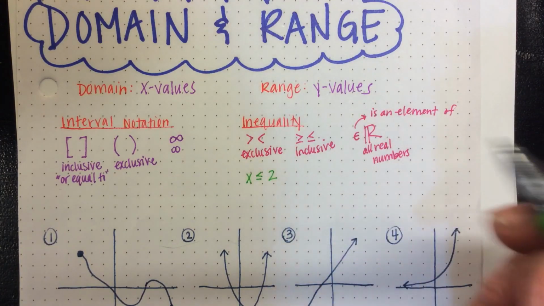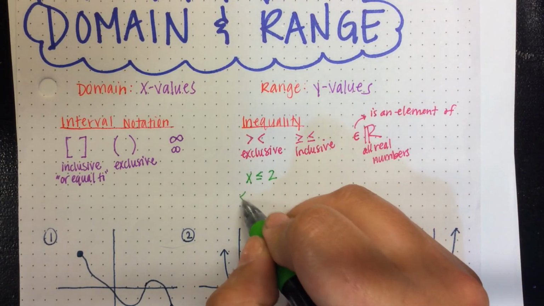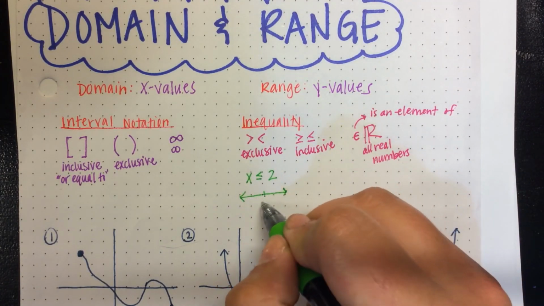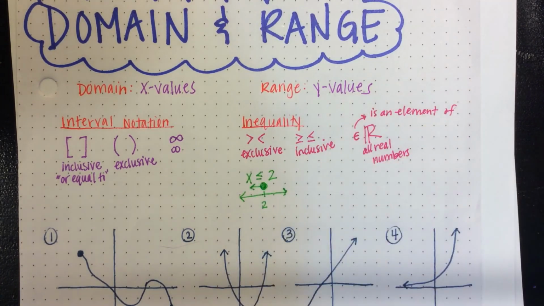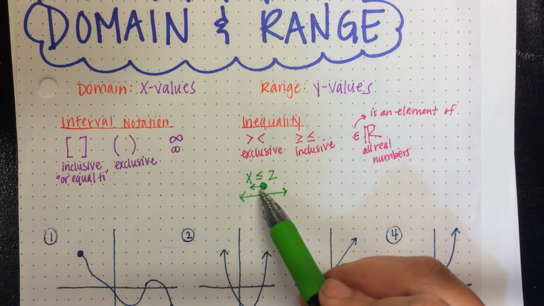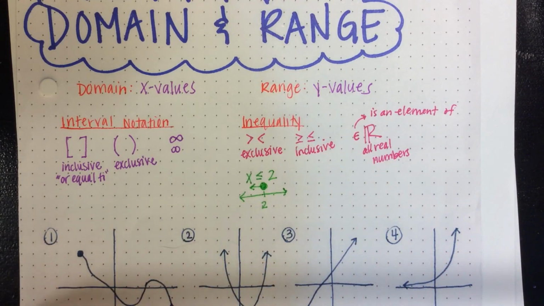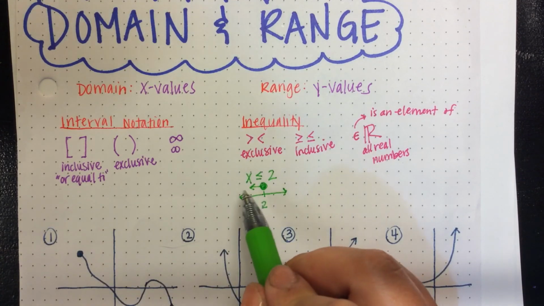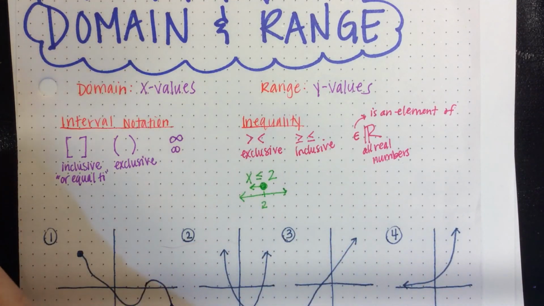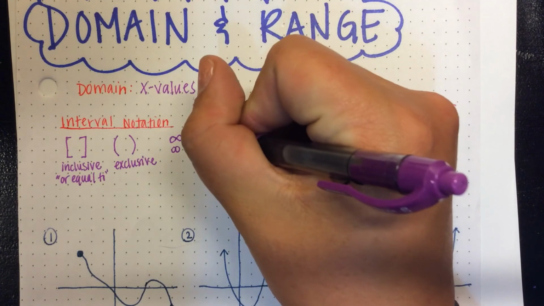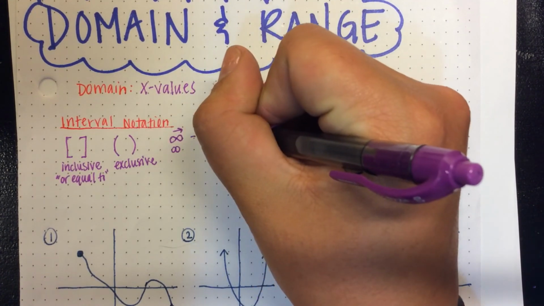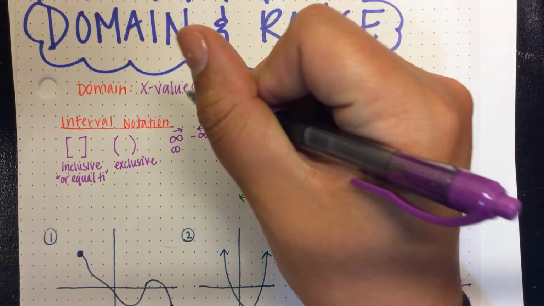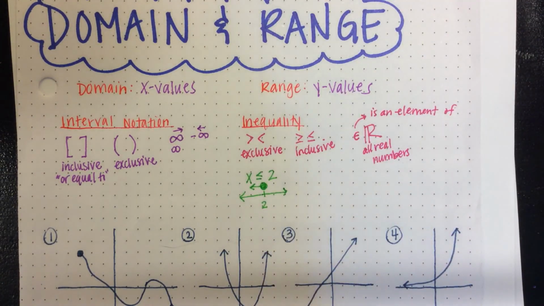If I think about my number line, I would go to 2, use a closed circle, and then arrow to the left. That arrow never stops going left. It goes left forever, so it's going to a negative infinity. We have a positive infinity that goes to the right, and a negative infinity that goes left, in terms of a number line.